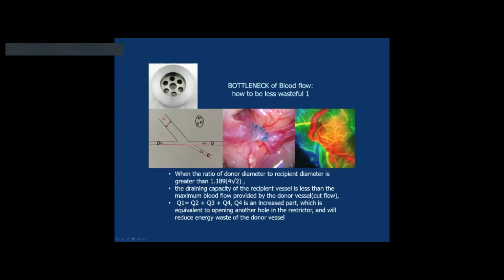So I prefer to choose the stoma near the bifurcation of the recipient artery. This kind of location can make the blood flow drain into the cortex more efficiently, according to the calculation.